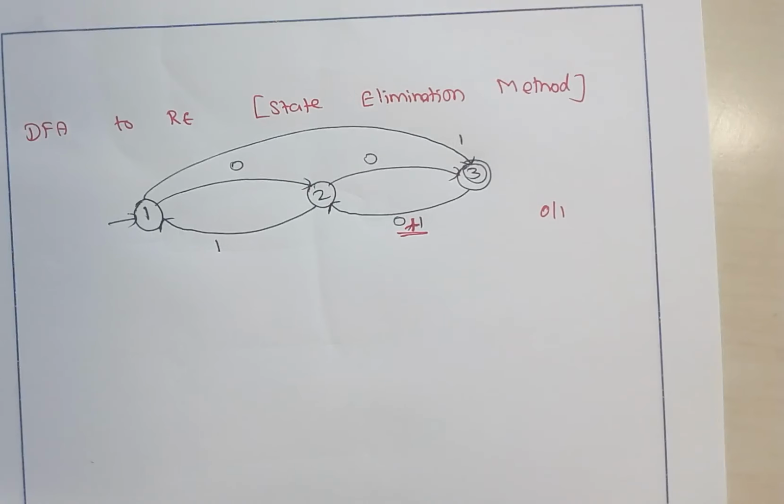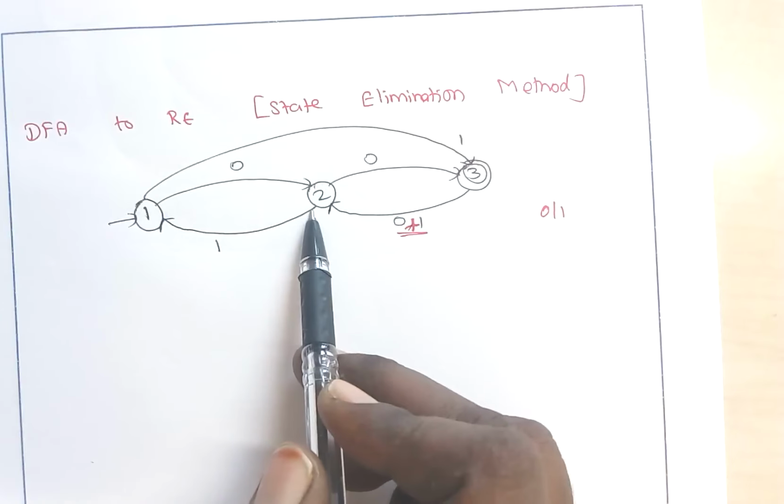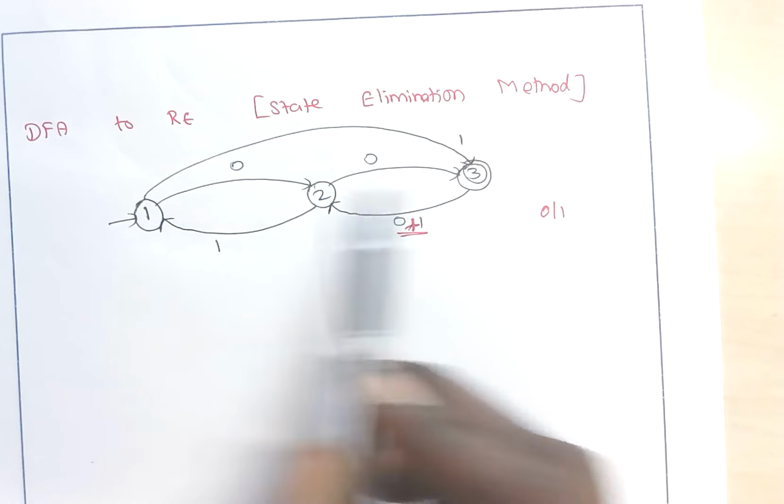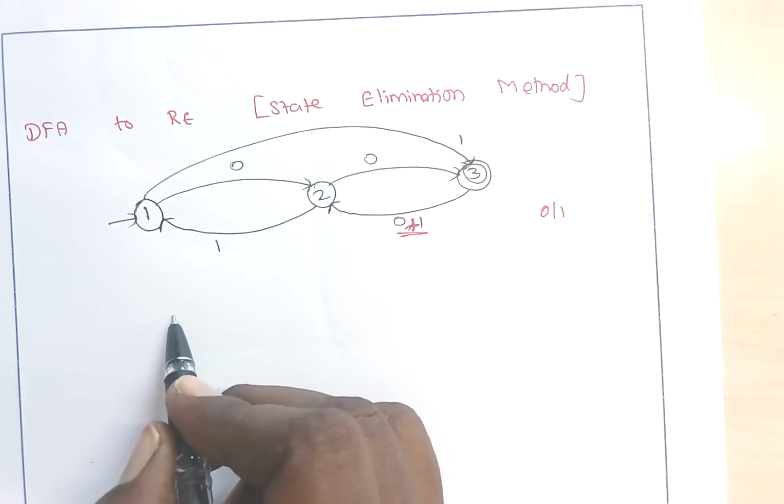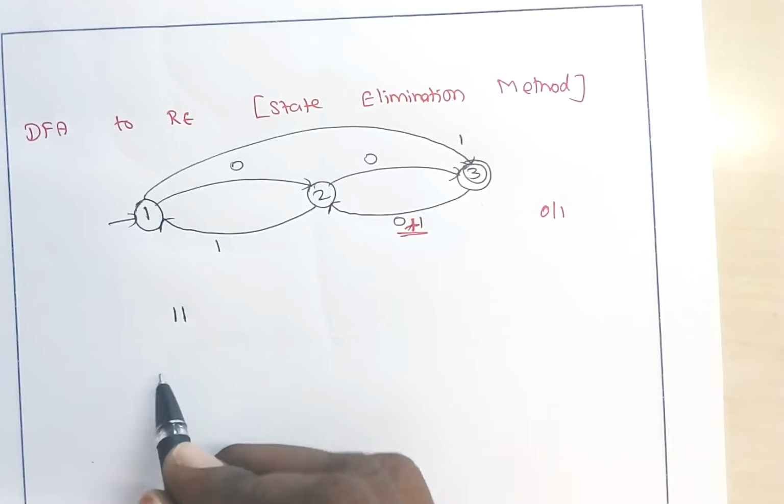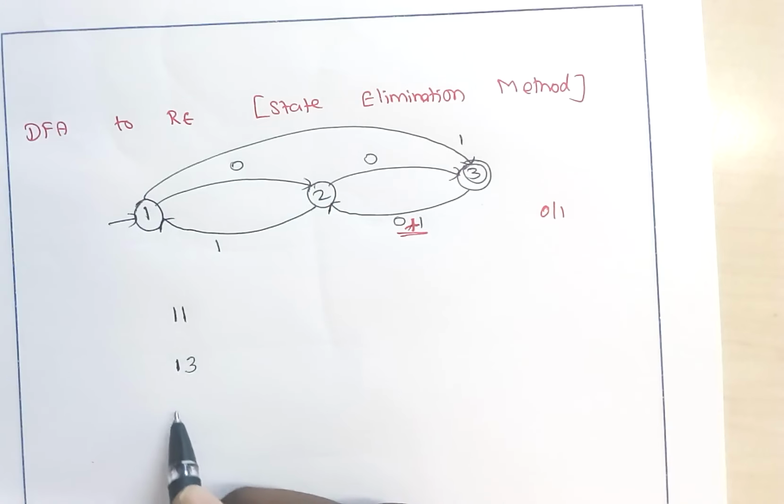So we have to find all possible paths from 1 to 3, 3 to 1, 1 to itself and 3 to itself. Either it might be a direct path or it might be through 2. Since we are eliminating the state 2, we have to eliminate that possibility too. Now from state 1 to itself, 1 to 3, 3 to 1 and 3 to itself.